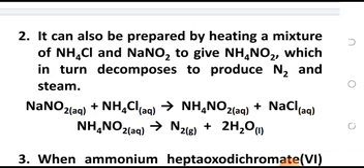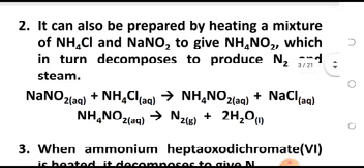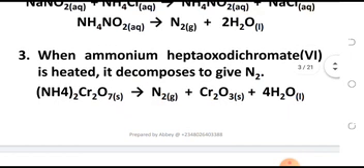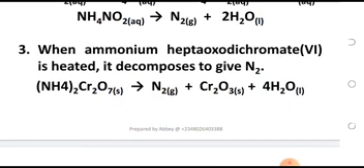It is this ammonium dioxonitrate 3, after being produced, that will decompose because of the high temperature at which the reaction takes place, to give us nitrogen gas and steam, as you can see in the equation there on the screen.